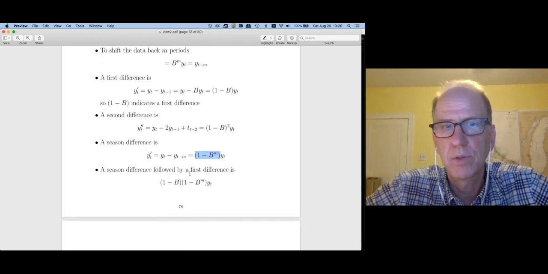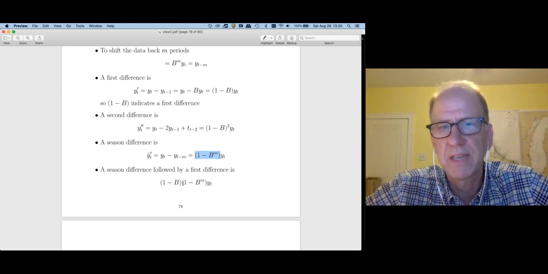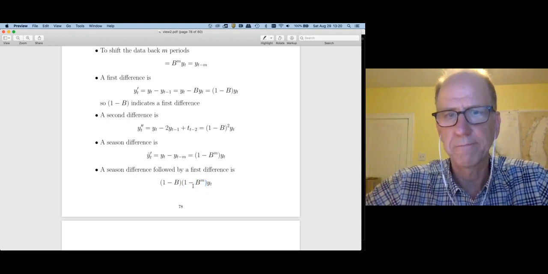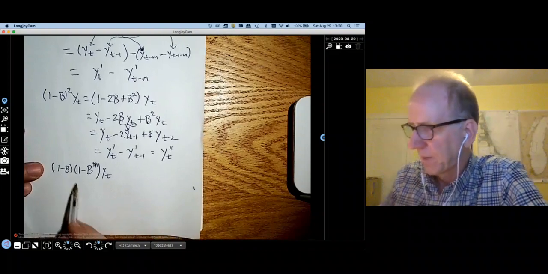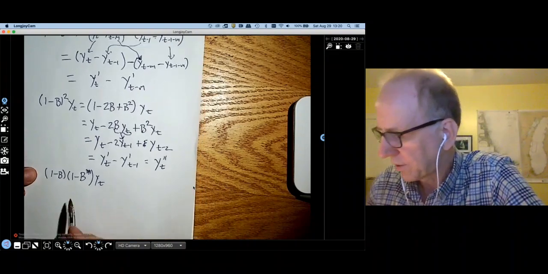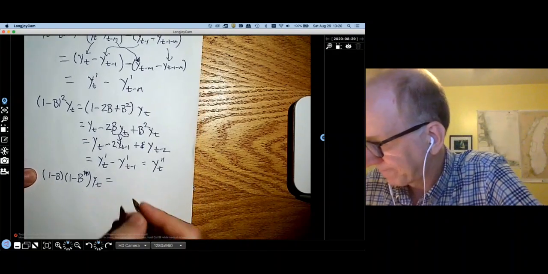If we wanted to do some sort of a combination between first order difference and a seasonal difference, this is the way we would write it. So let's go over to the document camera, and what I'd like to do is work this out.